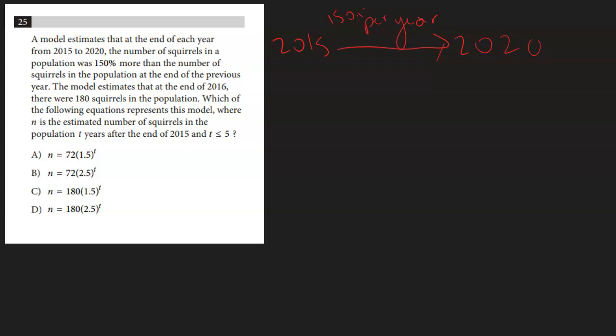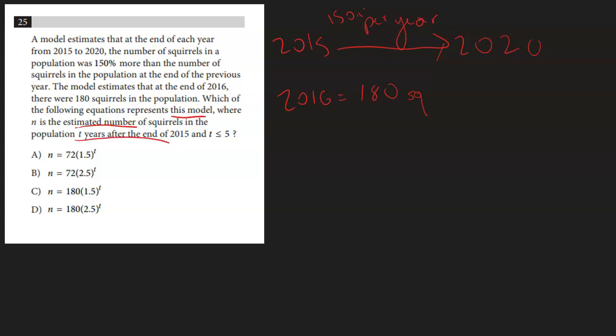So the model estimates that at the end of 2016, there were 180 squirrels. So by 2016, there were 180 squirrels in the population. Which of the following equations represents this model, where n is the estimated number of squirrels in the population t years after 2015.